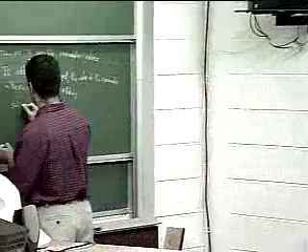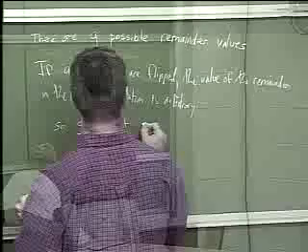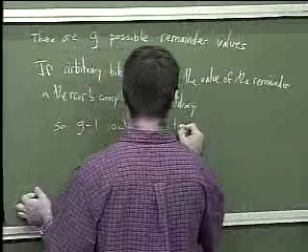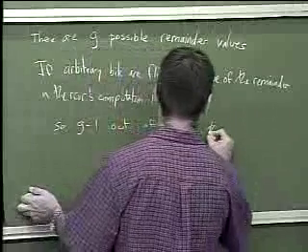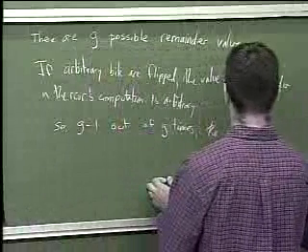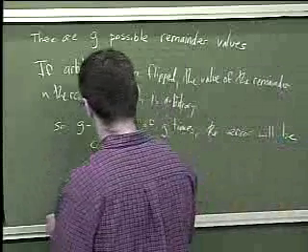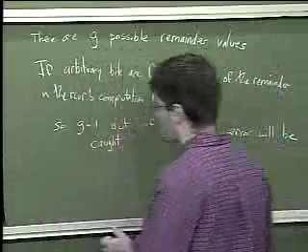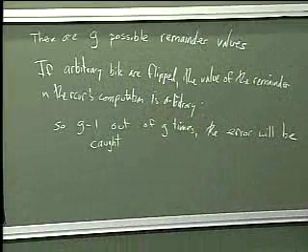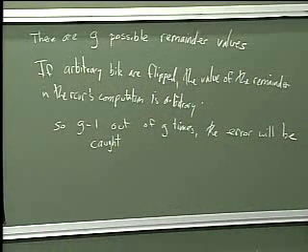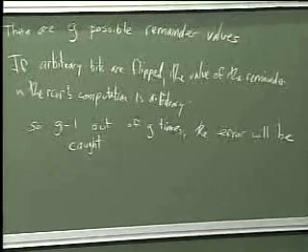So G minus 1 out of G times, the error will be caught. Right? Because I flip a bunch of bits, any value of the remainder other than 0, I'll catch as an error. Right?